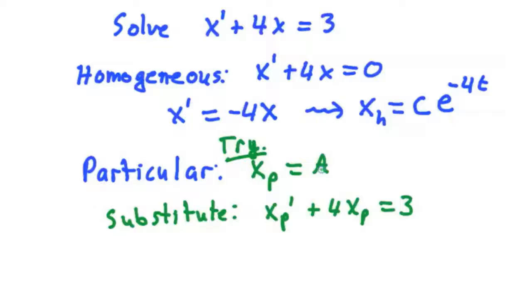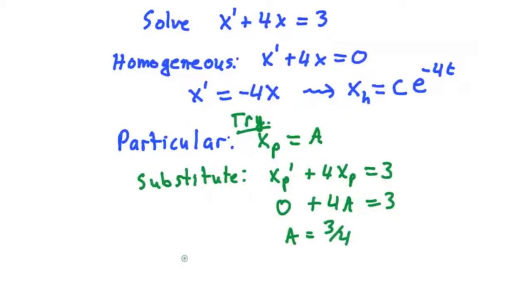And when I plug in my constant, the constant has derivative 0, plus 4 times a equals 3, or a equals 3/4. So I now have my particular solution. I only wanted one of them. x sub p equals 3/4.